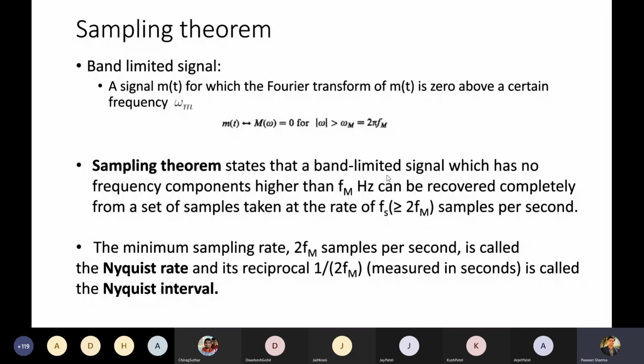Okay. Can you tell the difference between Fourier series and Fourier transform? Fourier series represents periodic functions. Okay. Good. And Fourier transform? Non-periodic functions. Aperiodic functions. Okay.